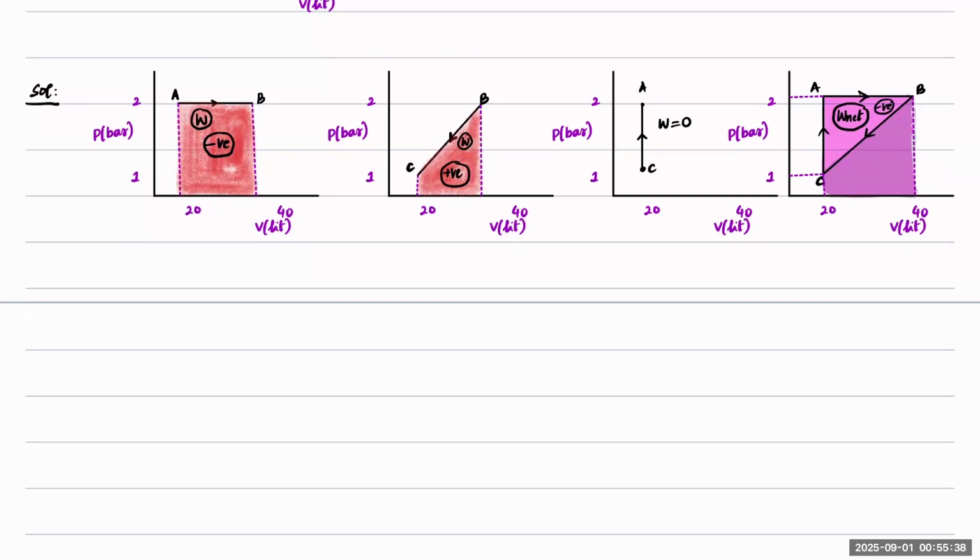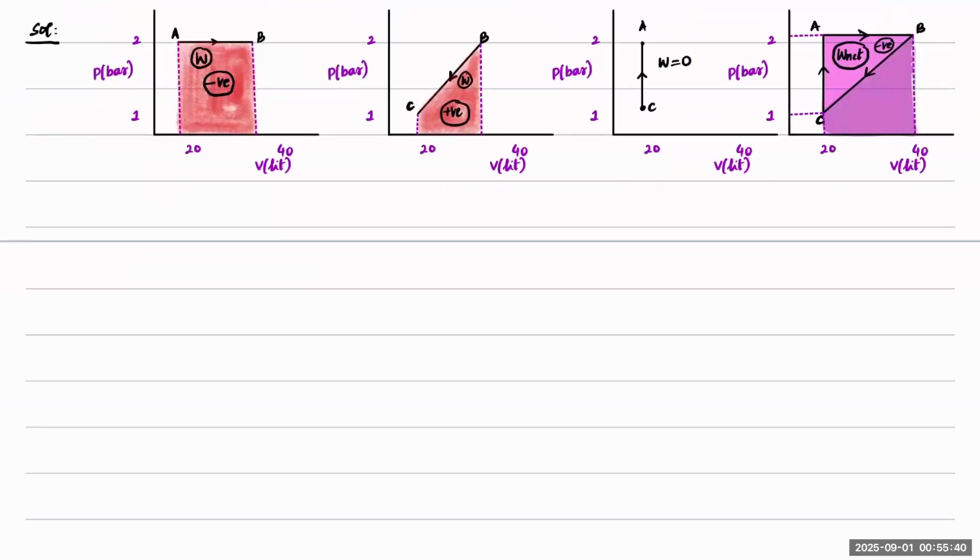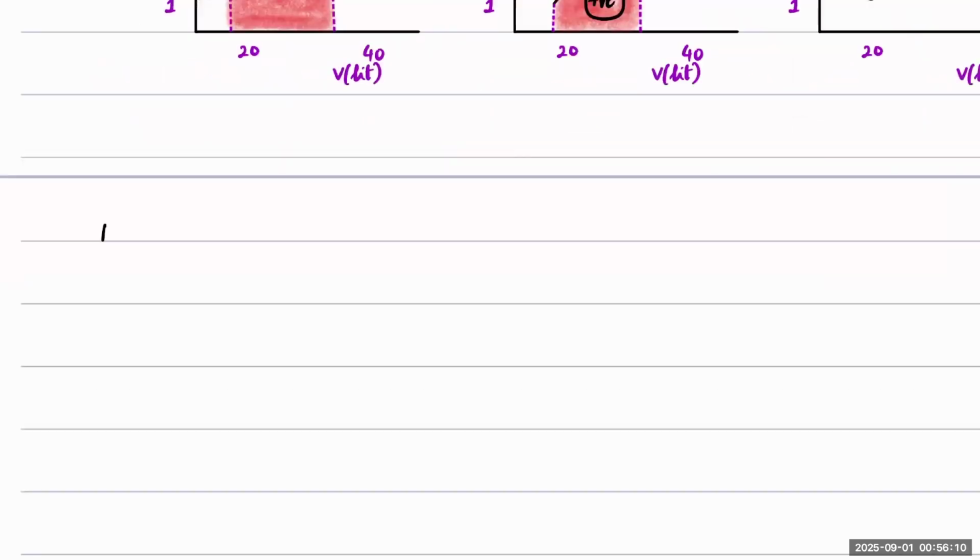So from here we are getting one important conclusion, that is, if your cyclic process is clockwise in a PV graph, if it is observed clockwise, then the overall net work will always be negative. And if it is anti-clockwise, then overall net work will be positive. Clear, everybody? So now let's note that.